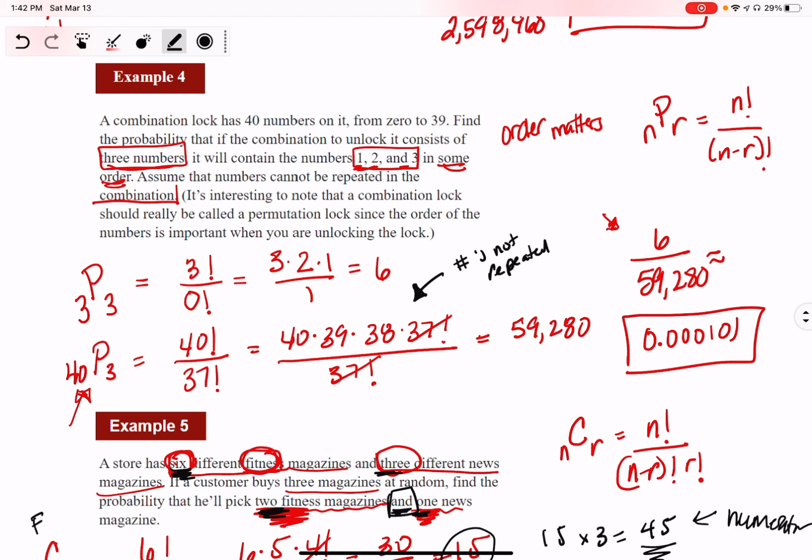Okay, that's why we're taking one away each time, right? 40, 39, 38, 37. What if the numbers could be repeated? What would we do if the numbers could be repeated? If they could be repeated, this would be 40 times 40 because that's how many numbers we have. That means that each time we have 40 options.